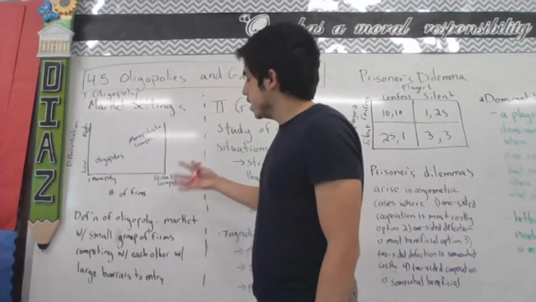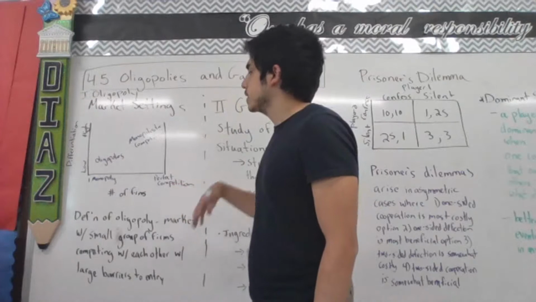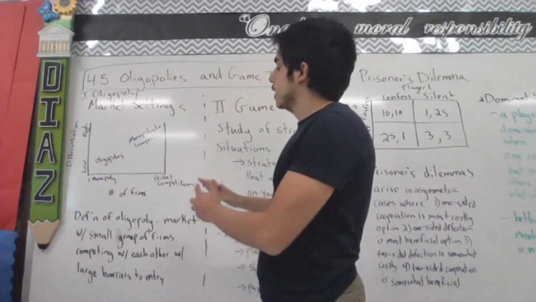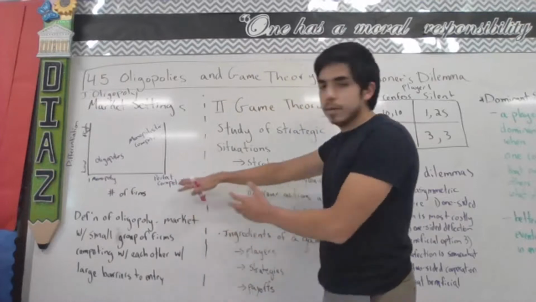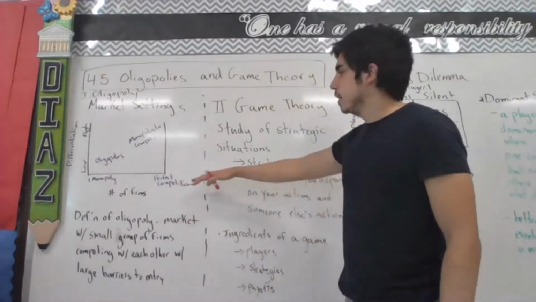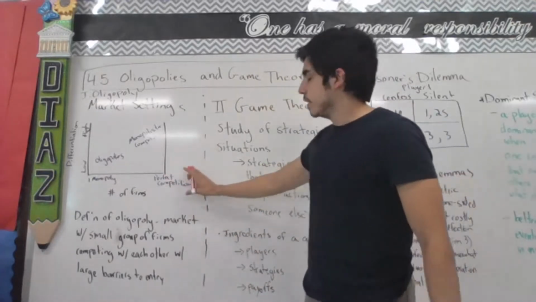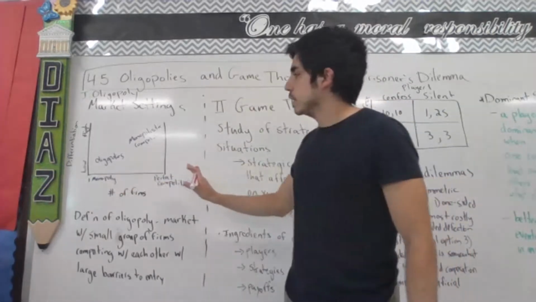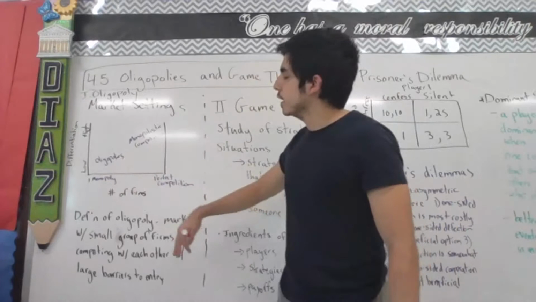In a perfectly competitive market, one of the conditions that gives rise to it is identical products and a lot of firms. And so we situated the perfectly competitive market on this diagram here, at the other extreme of the monopoly market.